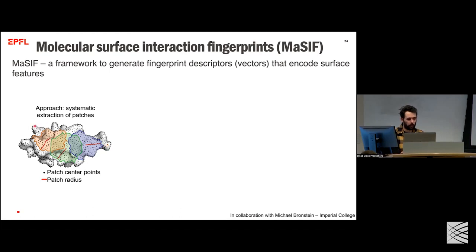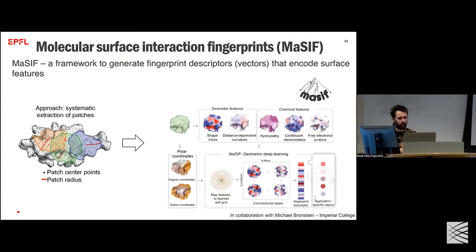The way this goes is you have a protein structure, you derive its solvent excluded surface, and then you segment that surface into geodesic patches, like the ones you see here. Each patch is composed of points, the little points you see inside, and you enrich each of these points with features, both geometric and chemical.